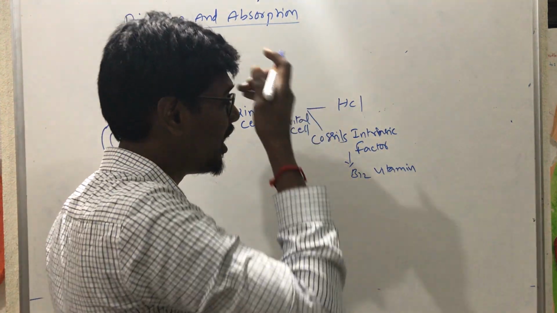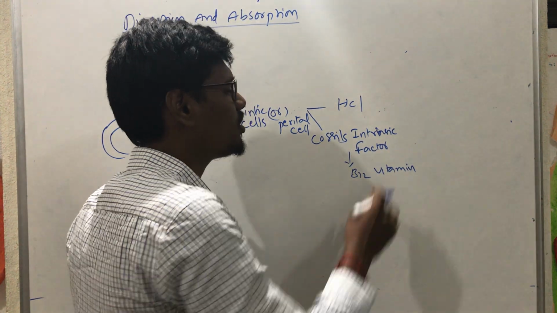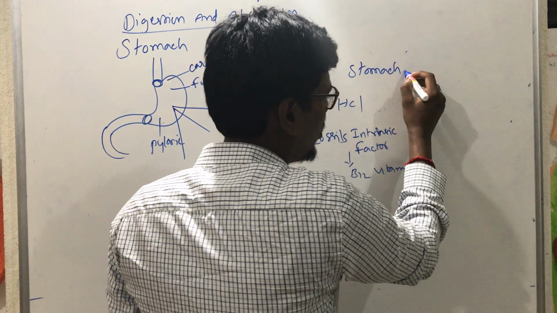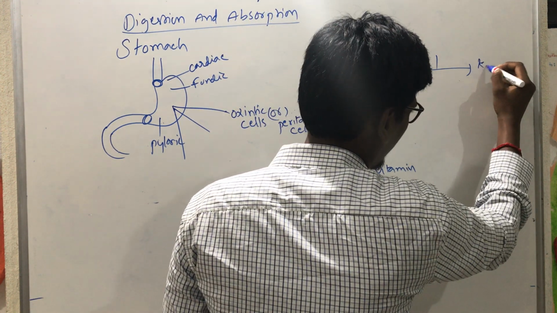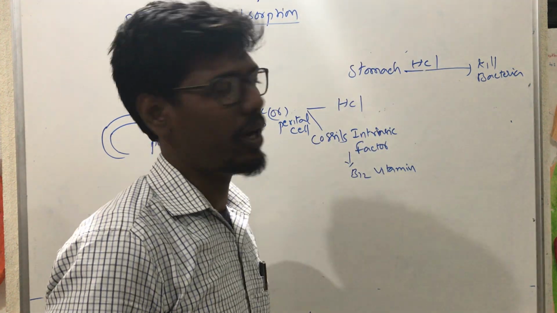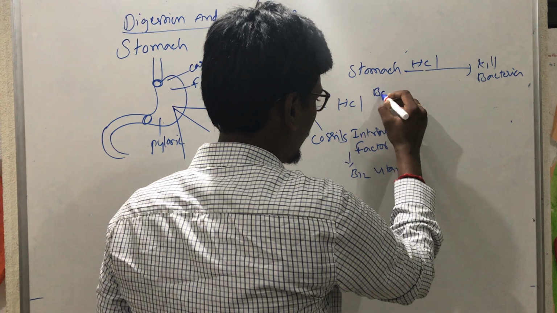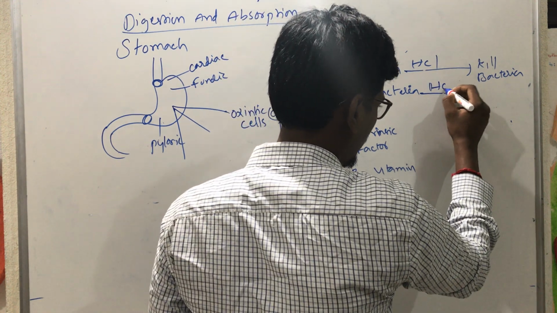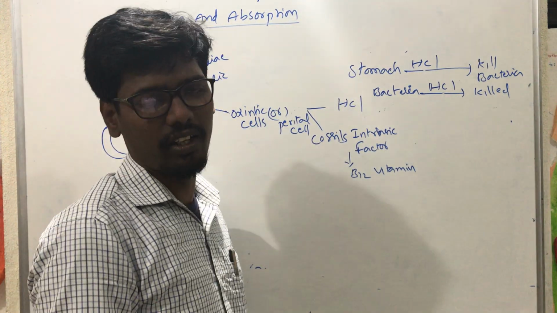HCl works to activate the enzymes. The first thing HCl does in the stomach is kill bacteria and pathogens.